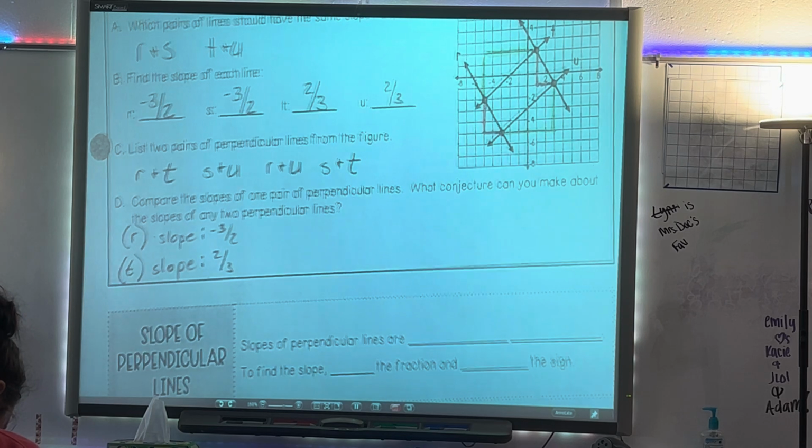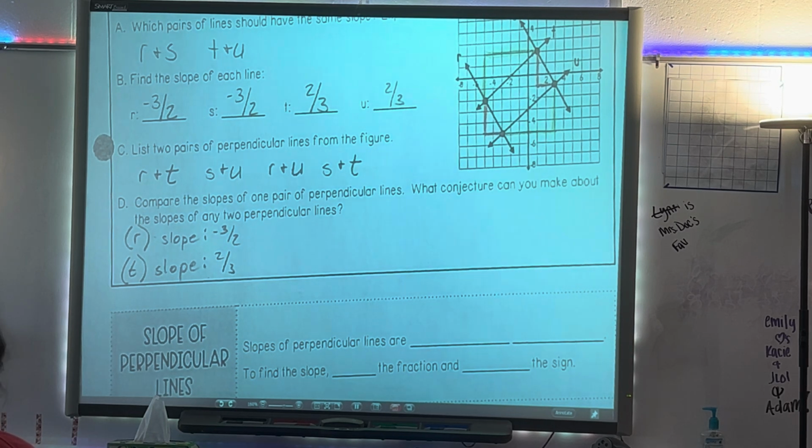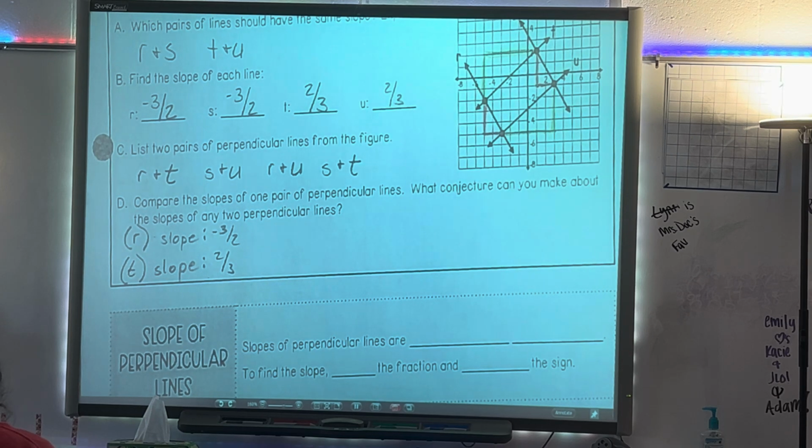Okay, so what is the relationship? Yeah, they're reciprocals and opposite signs. Are we okay there? The mathematical term for that is negative reciprocal. I'm okay if y'all say opposite reciprocal. It doesn't matter to me.